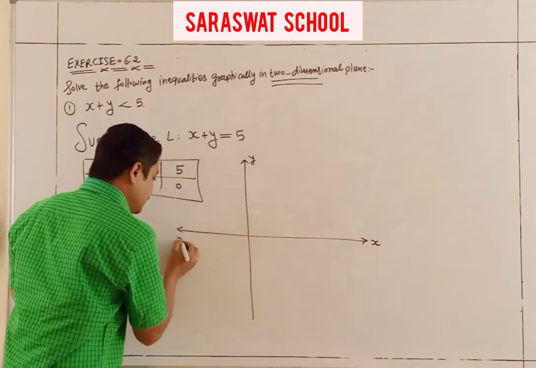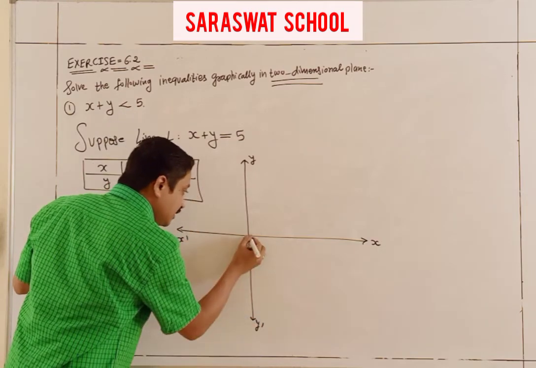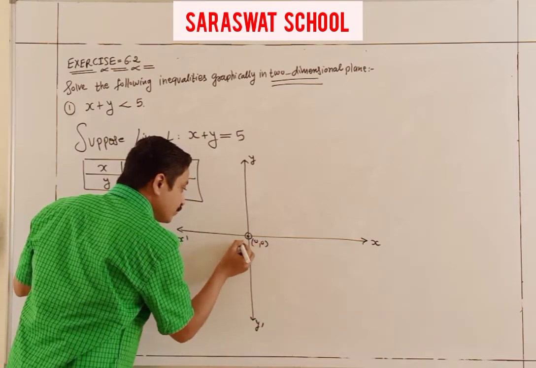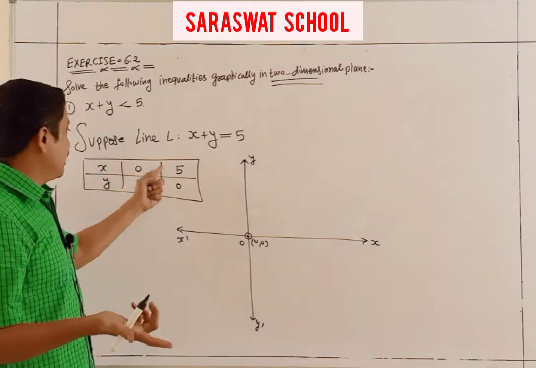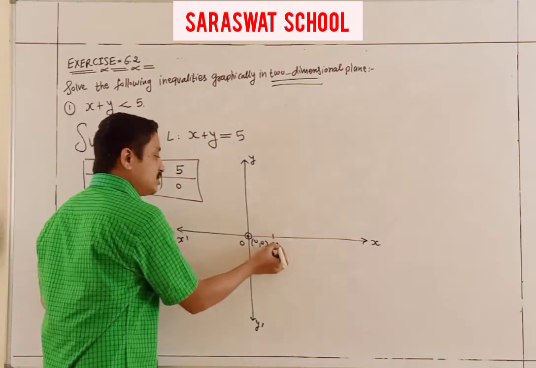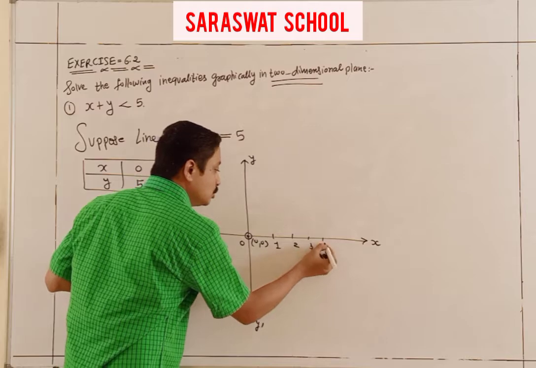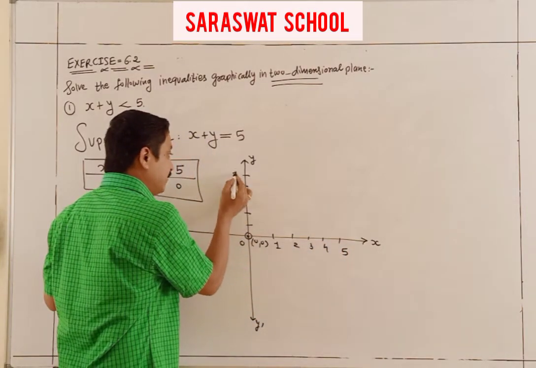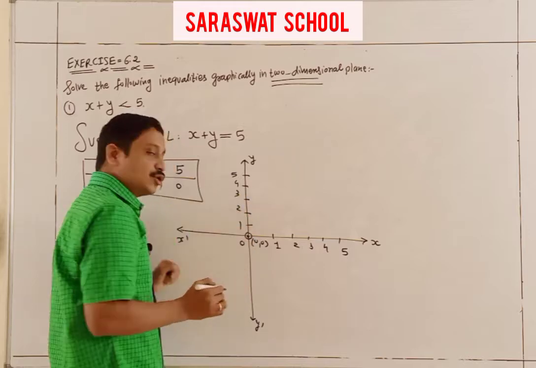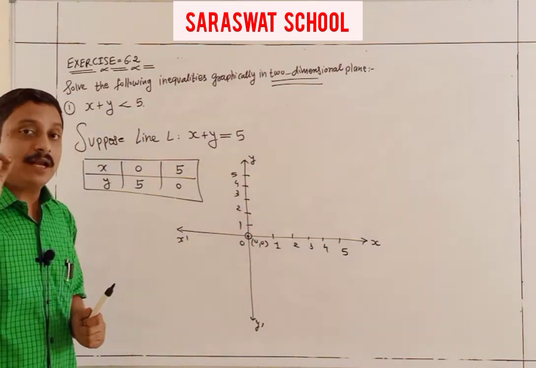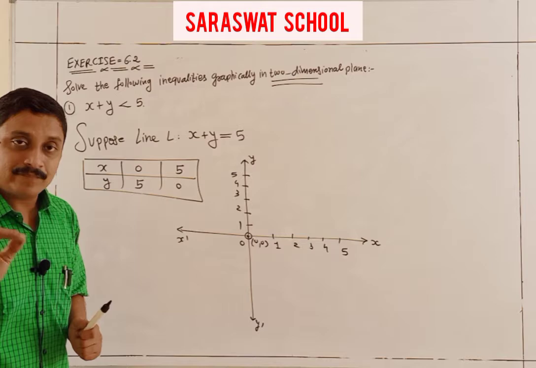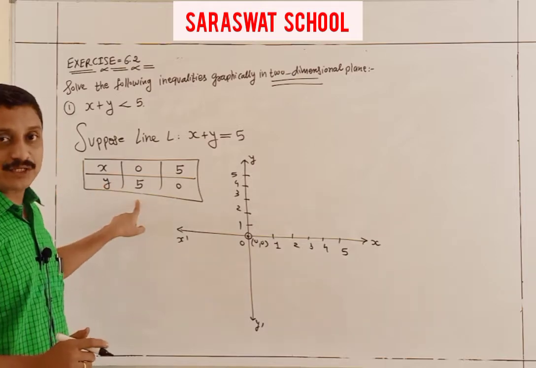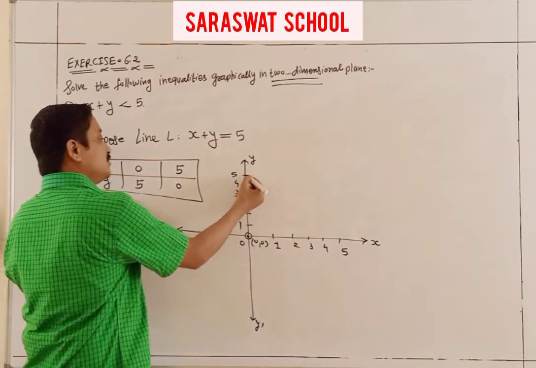Here x dash, here y dash, here the origin O, that you know. On the x coordinate, go up to 5, approximately 1, 2, 3, 4, 5. Same on the y-axis, 1, 2, 3, 4, 5. Students, draw using a pencil and scale and measure properly. First, x coordinate 0, y 5, it means you are here.